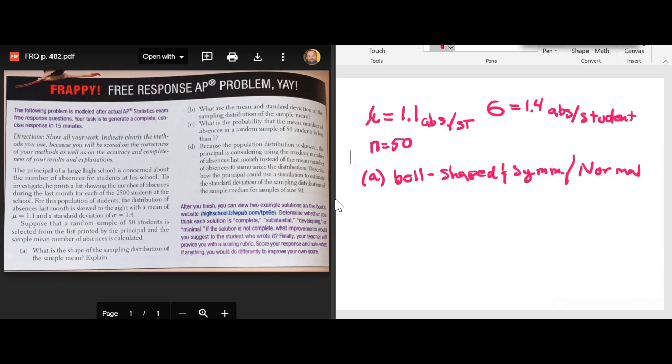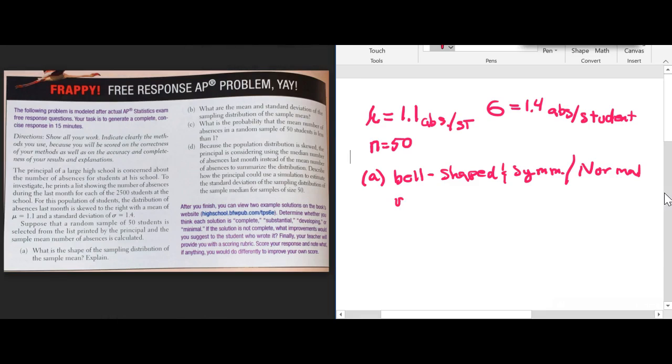Although the population is skewed right, according to the facts of the problem, I have a sample size of 50, which is bigger than 30, which is enough to get me to the central limit theorem, which guarantees normalcy. So this is going to be a normal distribution. Okay, so that's part A.